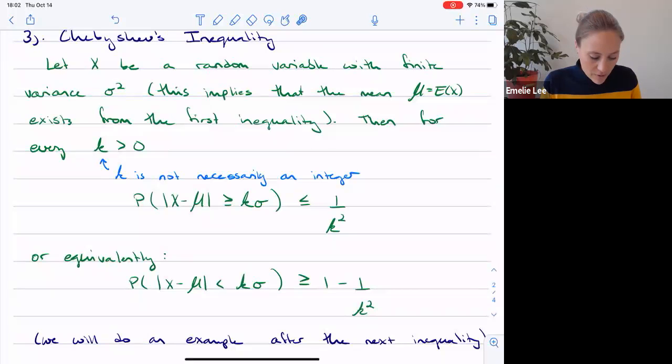Then for every k, as long as k is positive, greater than 0, we can find that the probability that x minus mu, remember mu is known, so we're going to have some value for mu, the probability that this absolute value is greater than or equal to that constant times the standard deviation is going to be less than or equal to 1 over k squared. And so the largest possible probability that we can get is 1 over k squared. Or we could use it the other way around, but let's focus on this first one. They're the same.